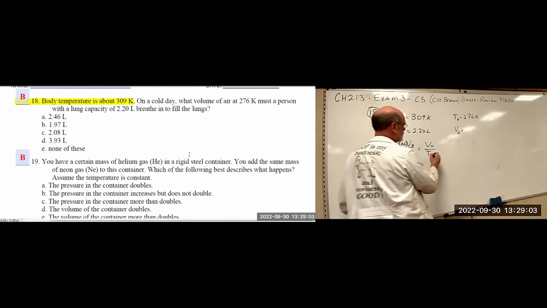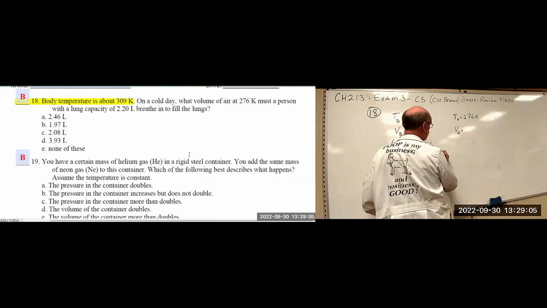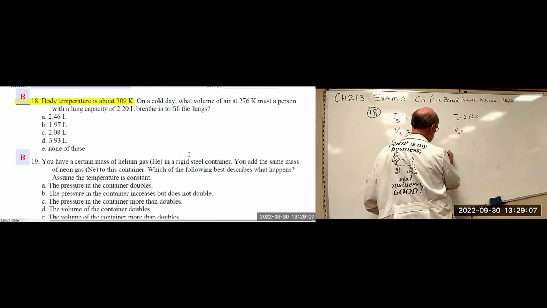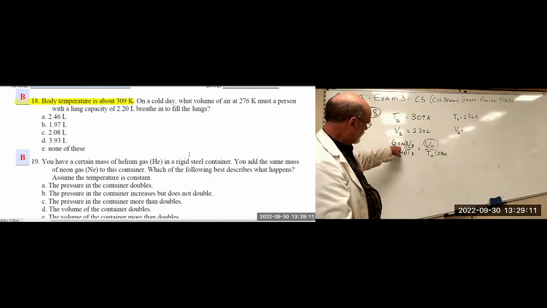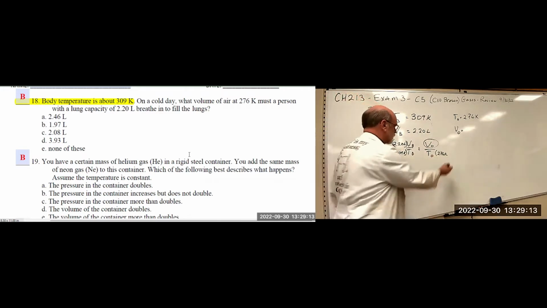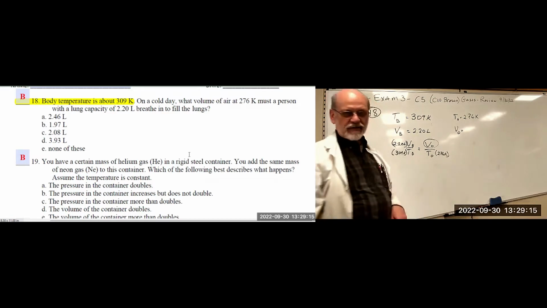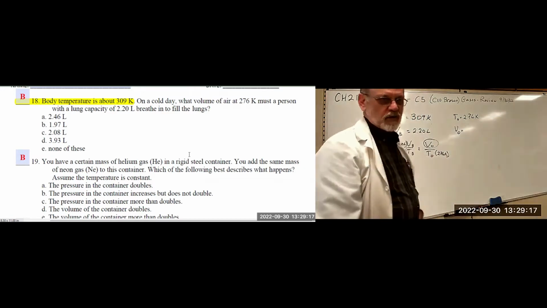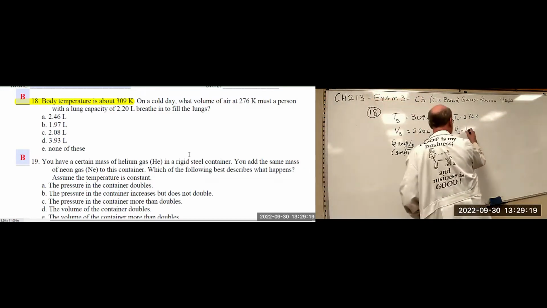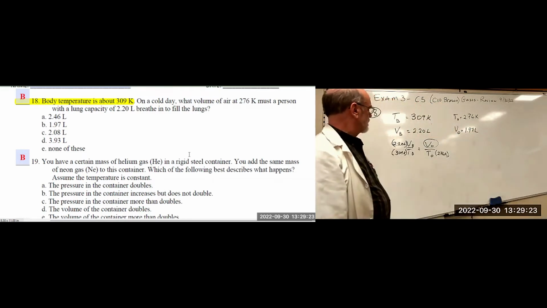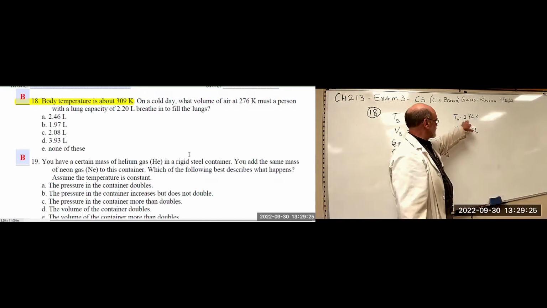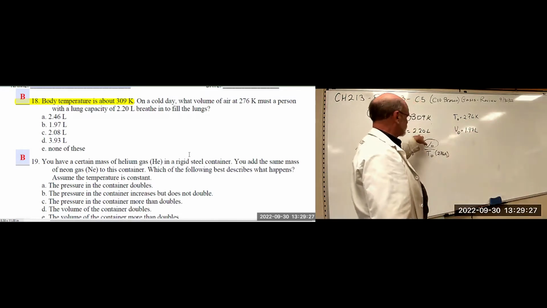The temperature of the air is 276 K, and this is your unknown. So just divide that one by that one and multiply it by this one. And that should give you 1.97 liters. That's reasonable. It occupies less volume at this temperature. When you bring it in the body, it expands to that volume.